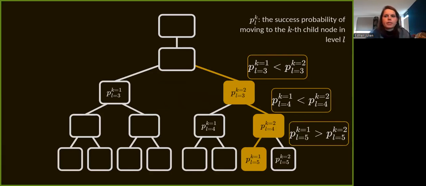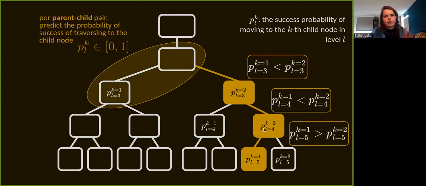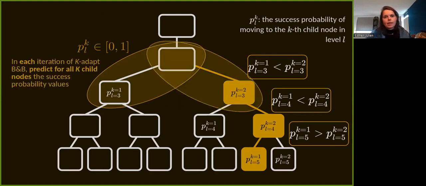Okay, so our approach is as follows. We want to predict per parent and child pair if it will be a good idea to traverse in this direction. And then in each iteration, you do this for all of your k different children. So it's a depth first approach.